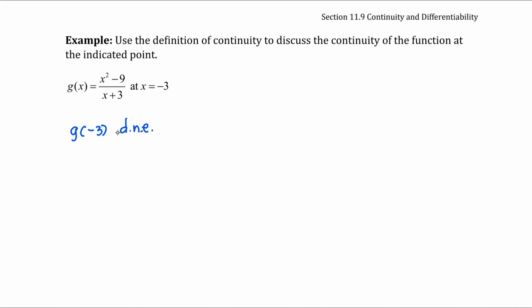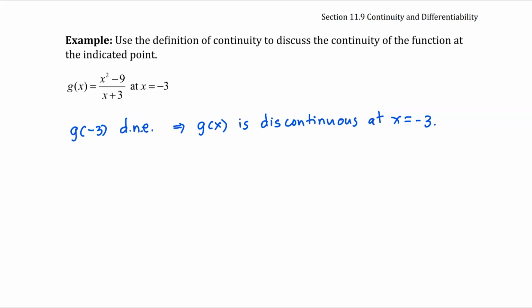Now, if you want to prove discontinuity, you just have to find one condition that is not satisfied in the definition, and that is already sufficient to say that the function is discontinuous at that point. So from here, we can say that the function g of x is discontinuous at x equals negative 3.